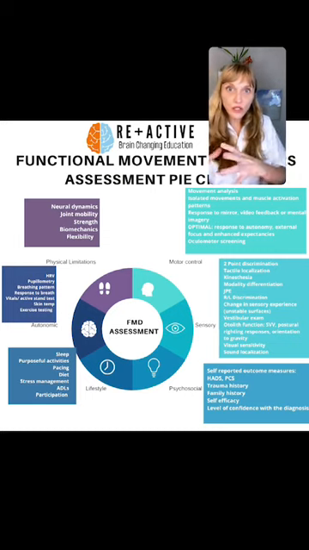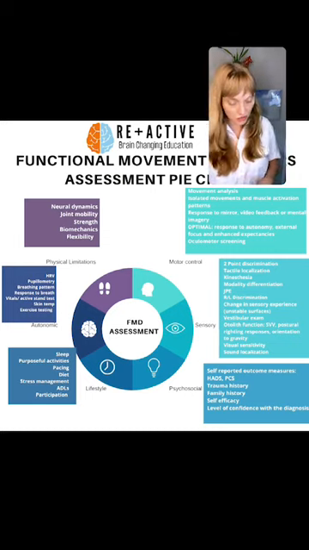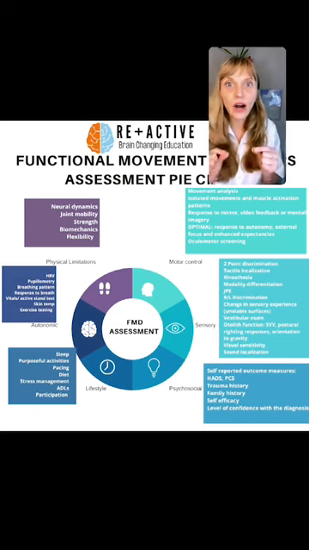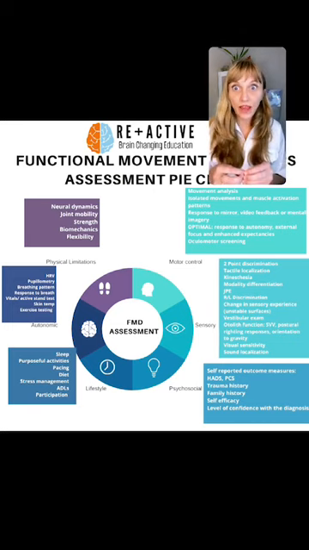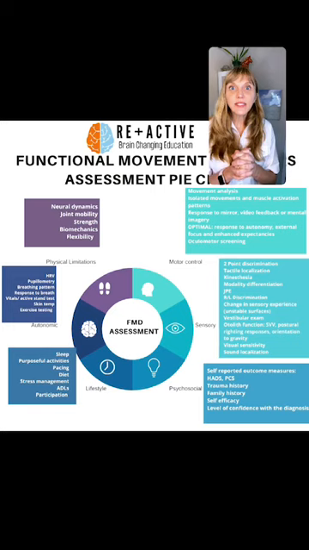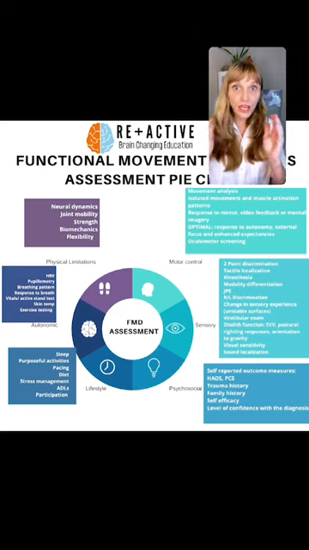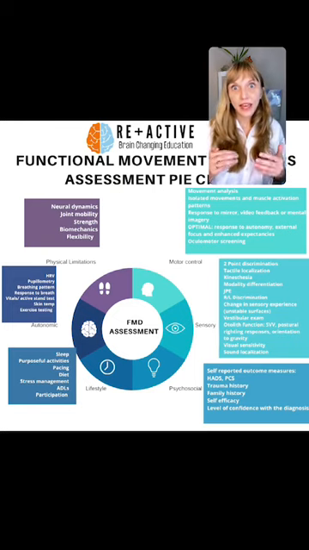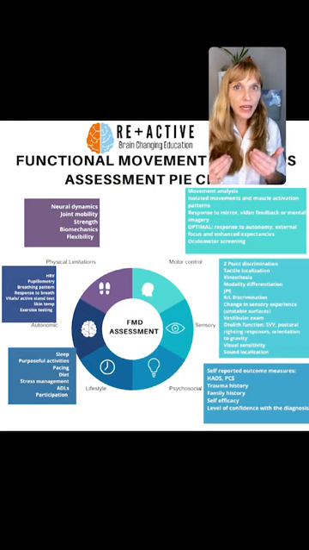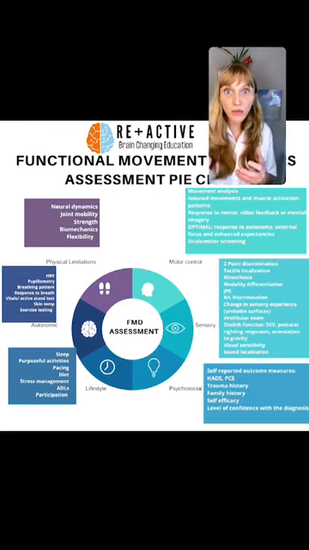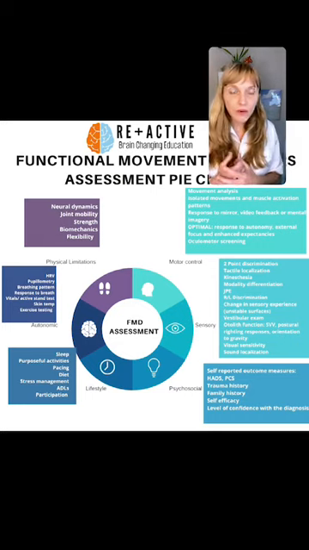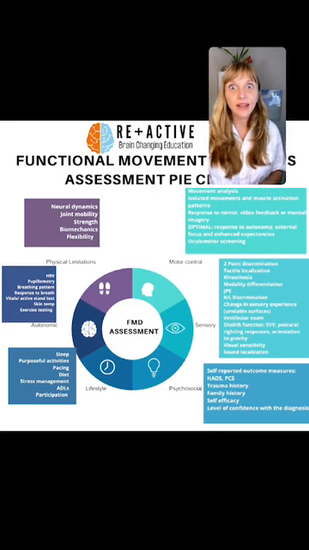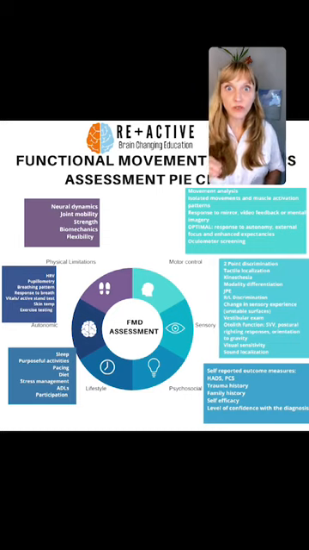Maybe there's motor symptoms, and there's tremor, and there's dystonia, and there's myoclonus, and it can be really hard to know where to start and to feel like you've hit all of your bases. And I love a good, systematic, organized way to go about things when they can be pretty complex or confusing. And this is where our functional movement disorders pie chart came to be.